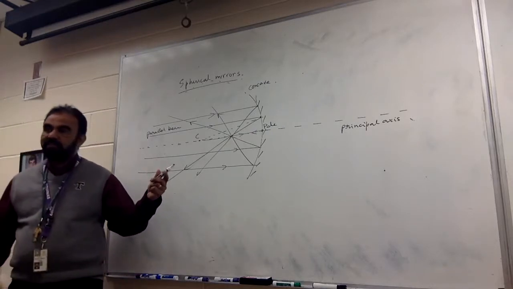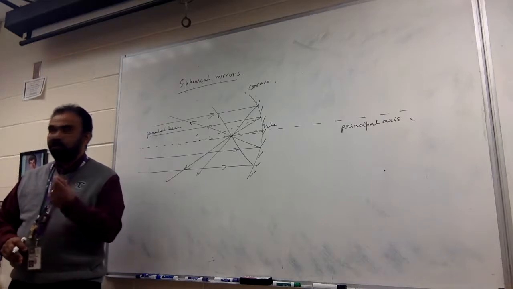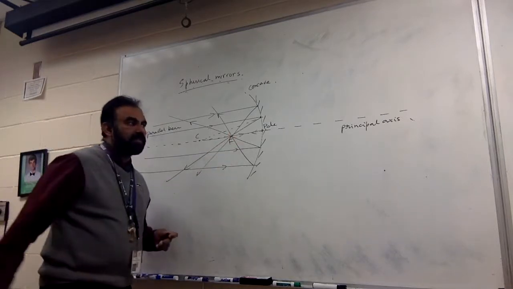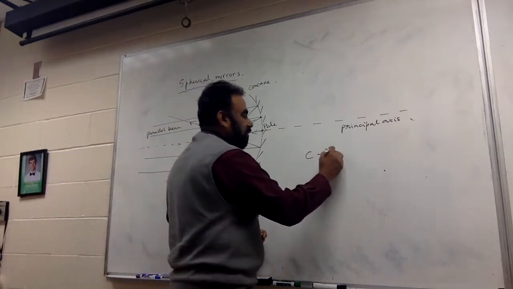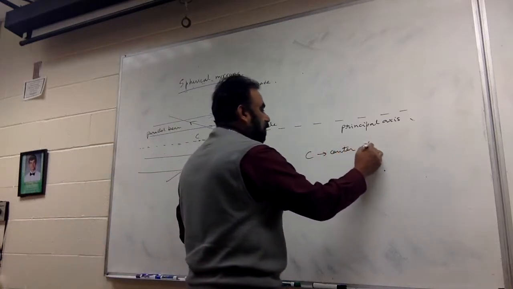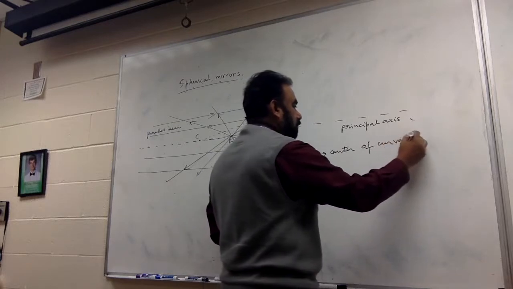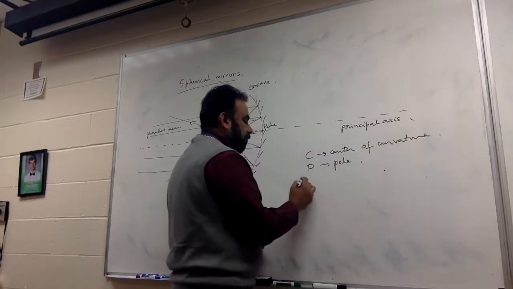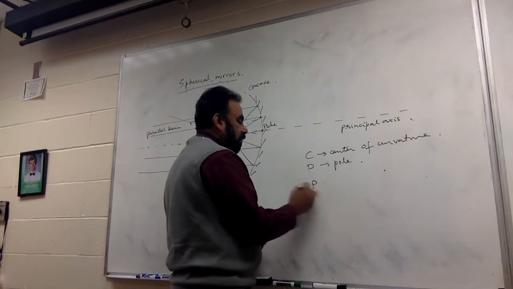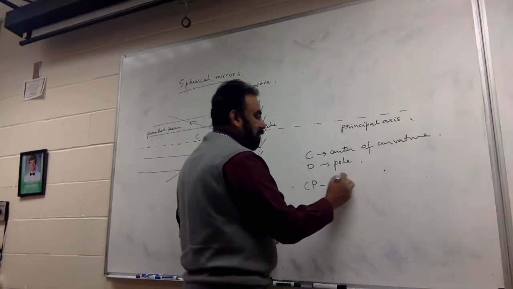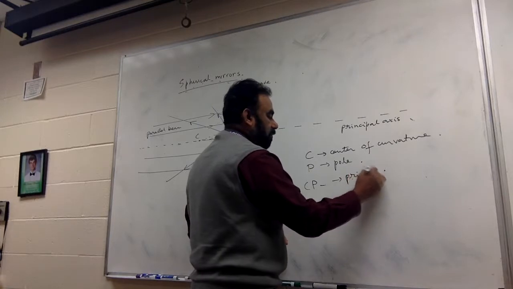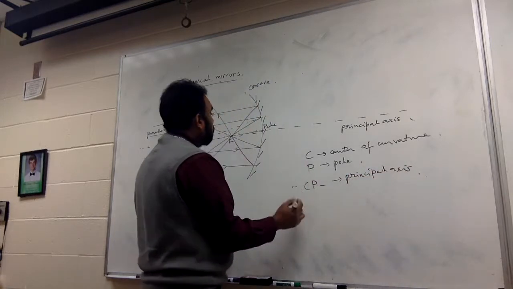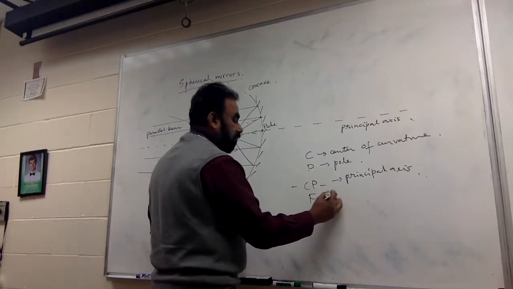After reflection, they all come to one spot, and that's called the focus. So C stands for center of curvature. P stands for pole. Extended line CP is the principal axis. And F stands for the focus.